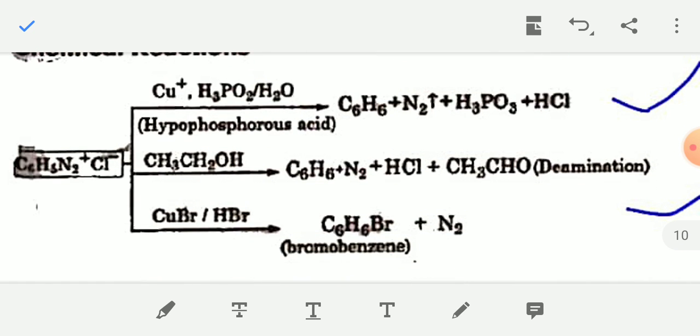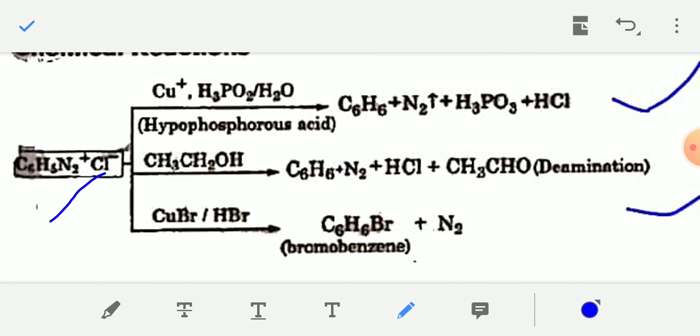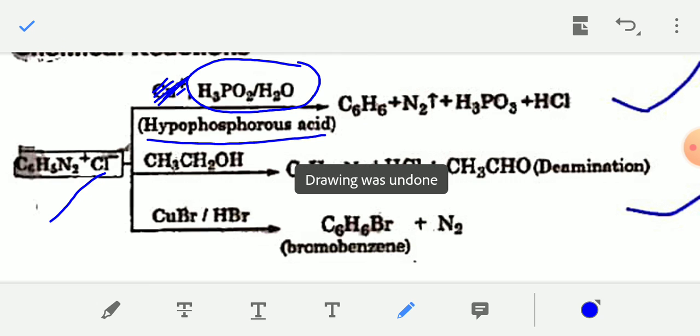When benzene diazonium chloride, C6H5N2 plus Cl minus, reacts with hypophosphorus acid, H3PO2, it will be converted into benzene, C6H6. Which reaction you have to read, I have marked in the PDF.